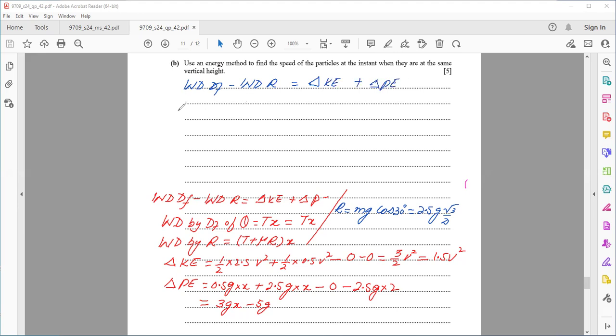Work done by driving force is T times x, because the only external force is on particle Q, and there is no external force on the other one. That is T times x minus the work done by resistance. Resistance is 2.5, g as it is, root 3 by 2 as it is, times 0.2, that is the resistance. Resistance multiplied by distance, and that distance is x.